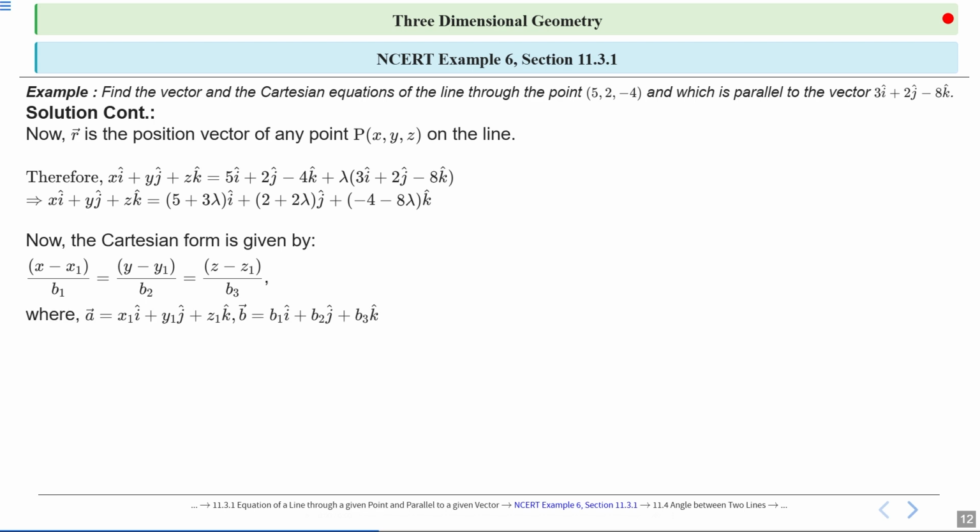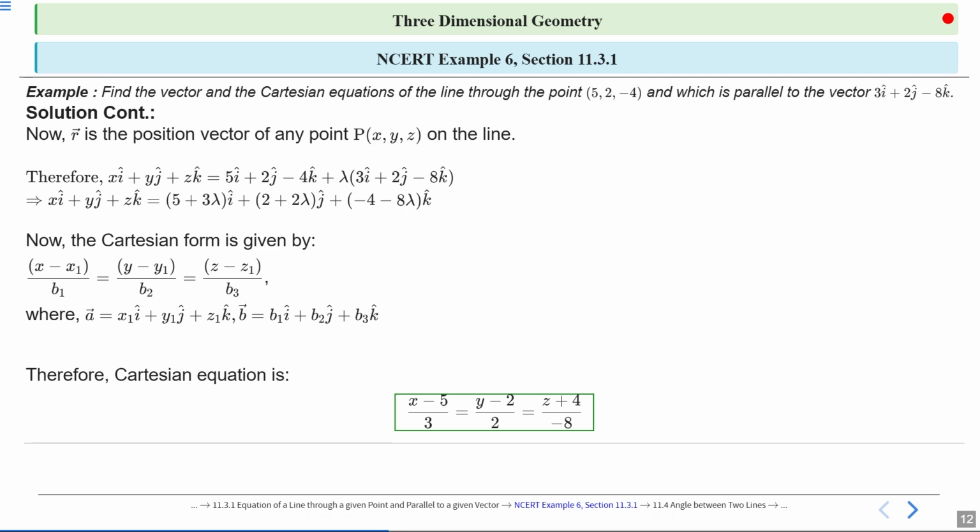Here vector A equals x1 i cap plus y1 j cap plus z1 k cap and vector B equals b1 i cap plus b2 j cap plus b3 k cap. Therefore, substituting our values into the formula, the Cartesian equation for the line is (x minus 5) divided by 3 equals (y minus 2) divided by 2 equals (z plus 4) divided by minus 8. So I hope this example is clear to all of you.